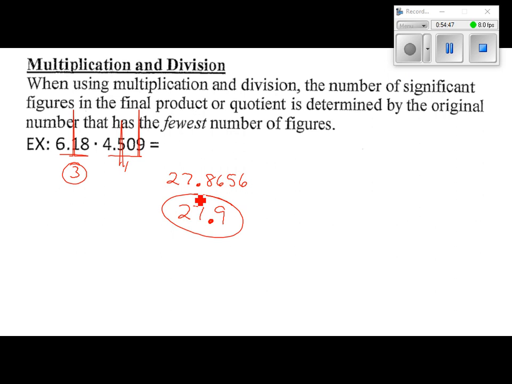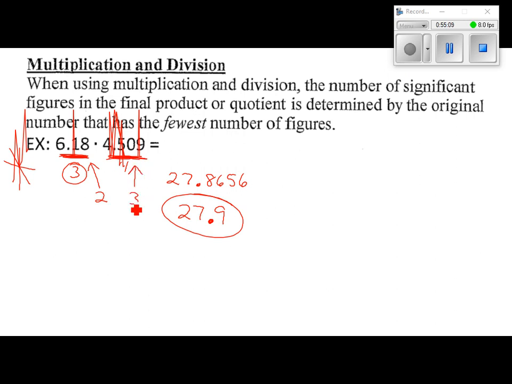I really don't agree with this one. I don't like this rule. If I start off with this number and this number, how many places behind the decimal in this number? And 6.18. How many to the right of the decimal? How many in this number?